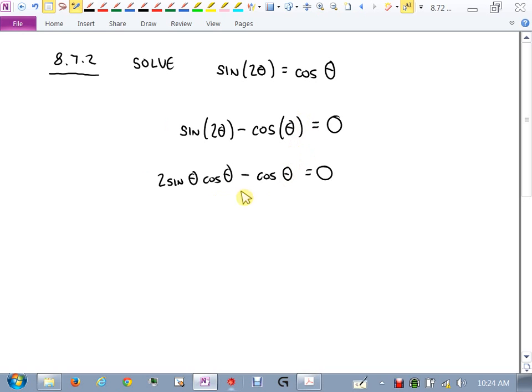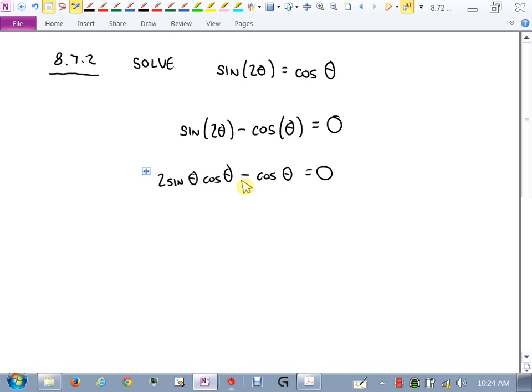So what could I do on the left side here, now that I've written that as a double angle formula? What can I do here? Set that to 0?